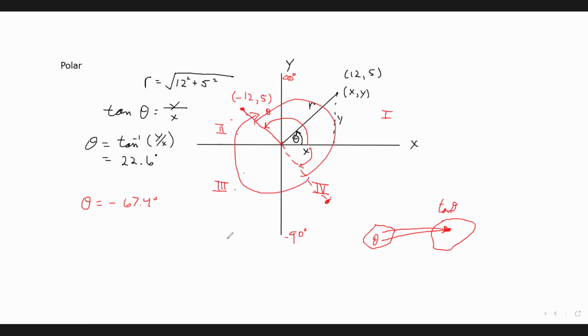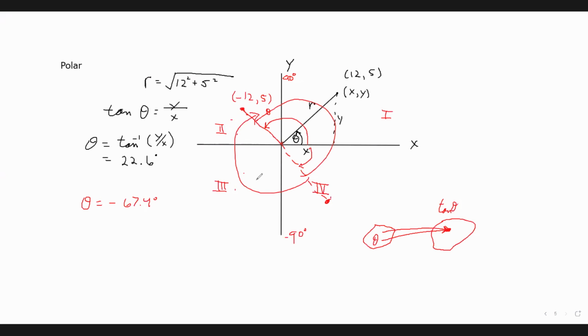But if you add 180, you end up with a positive number. Doesn't matter which way you go. The angles are the same.